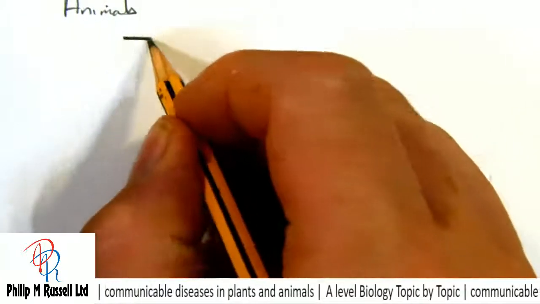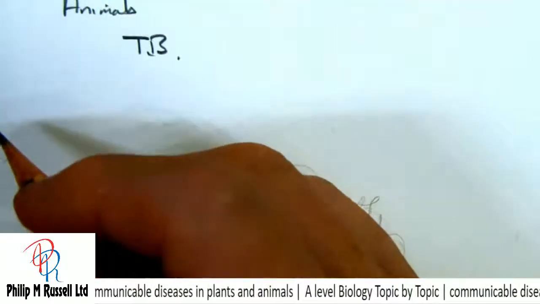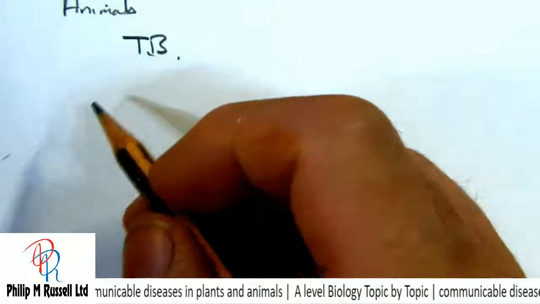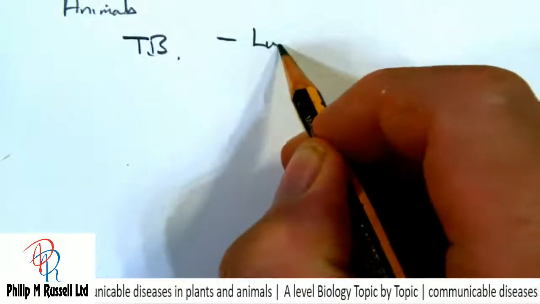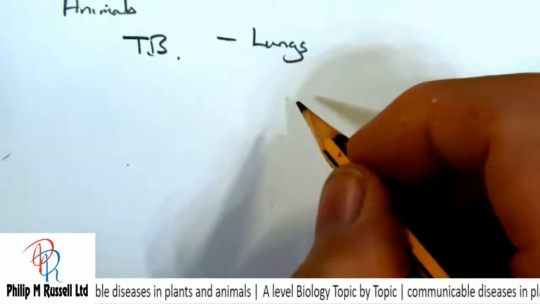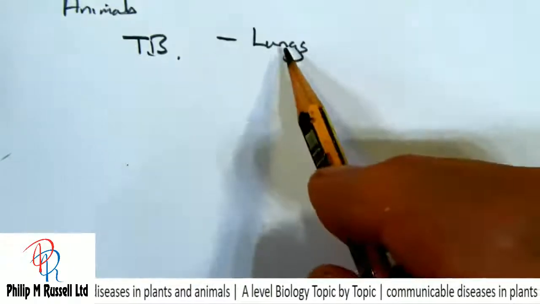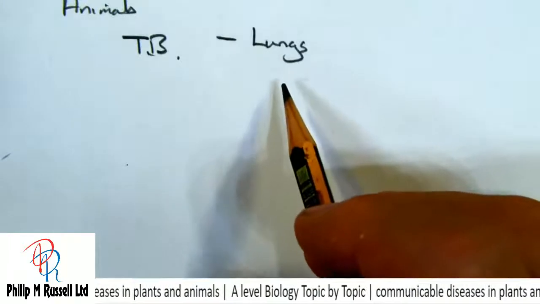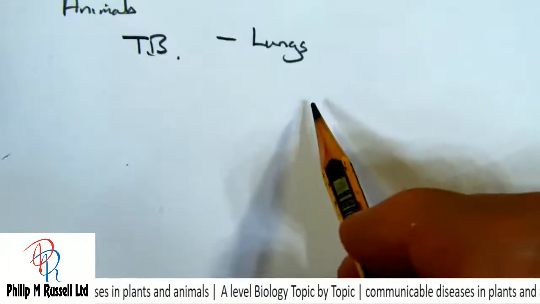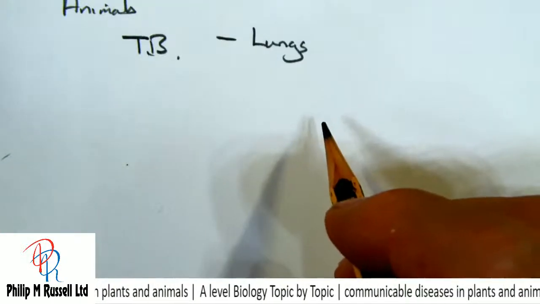We've got then tuberculosis, TB. TB damages lungs, and it's a disease of humans, but also of most of our livestock. Humans, yeah, but cows, pigs, badgers and deer often get this.